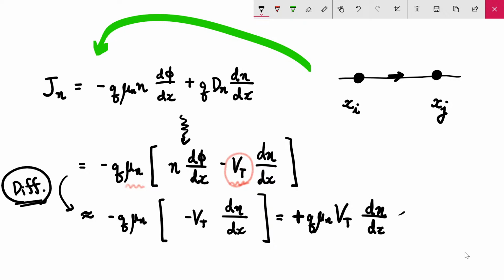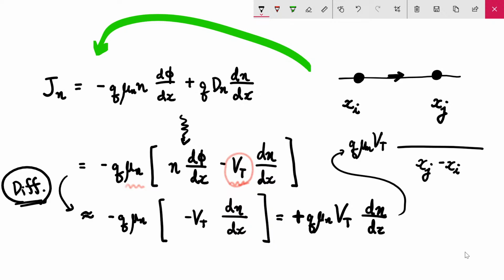And if you have to discretize this form, what will be your choice? Your choice will obviously be q mu n vt, then you will introduce xj minus xi, so xi and xj are aligned in this way. Since we have to introduce something like dn over dx, here we have nj minus ni. Are you all with me?